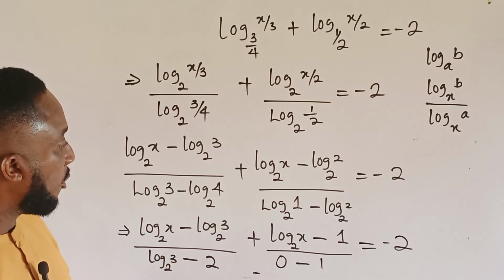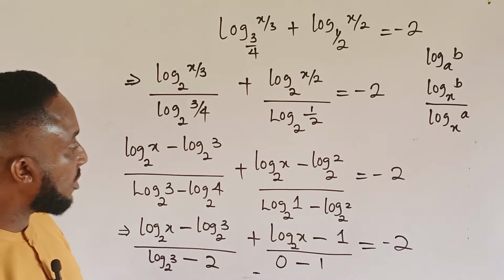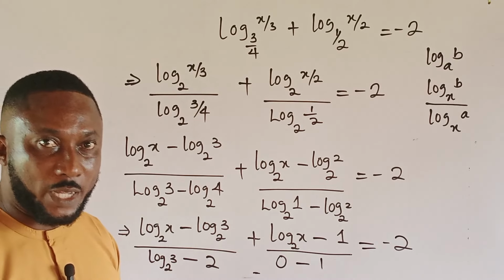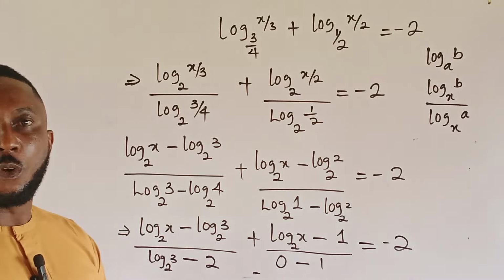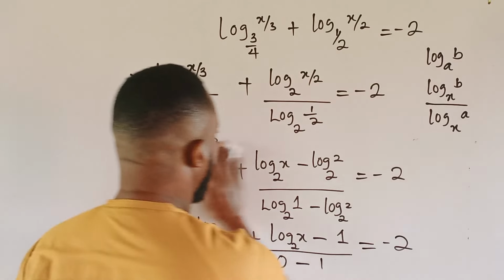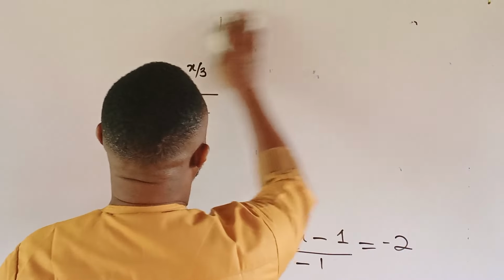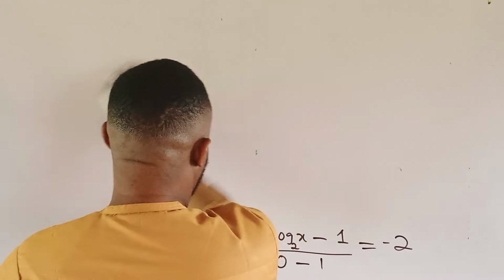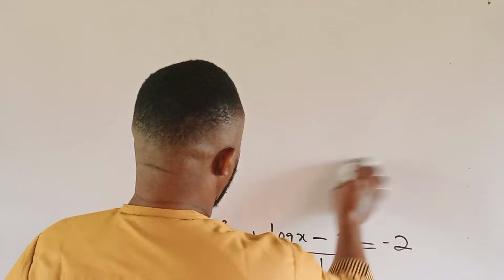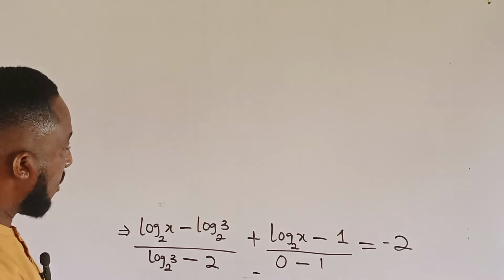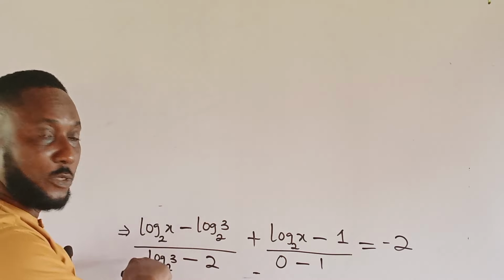So with this, all we just need to do is to do algebraic cleanup. Then our homecoming is guaranteed. So all I will just do is to rewrite this first expression.